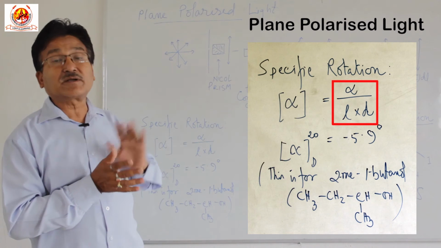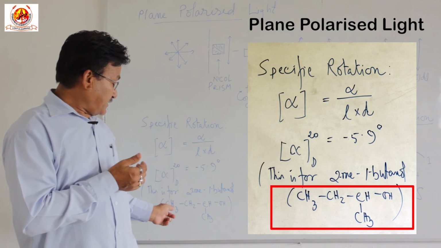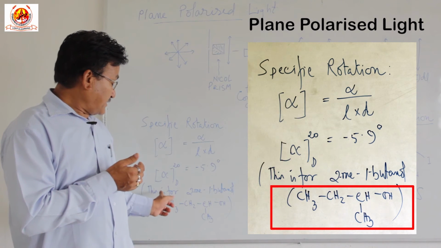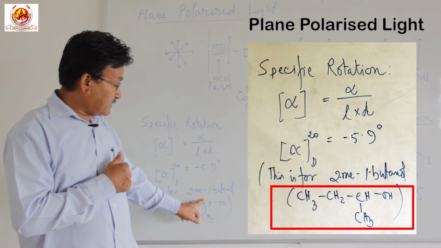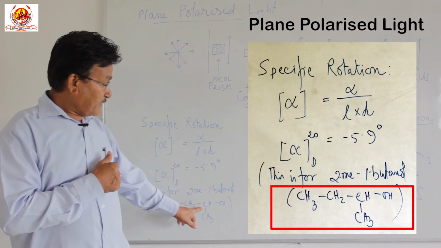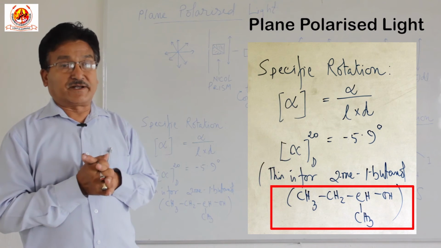In this case, for this compound, 2-methyl 1-butanol, this is the asymmetric carbon atom. Here all the groups are different.